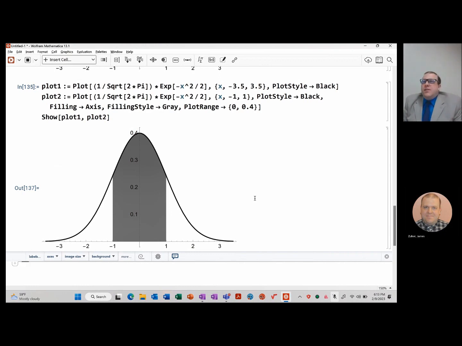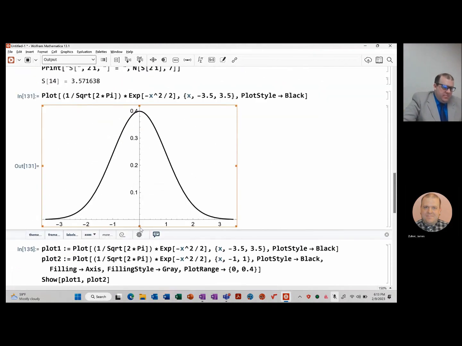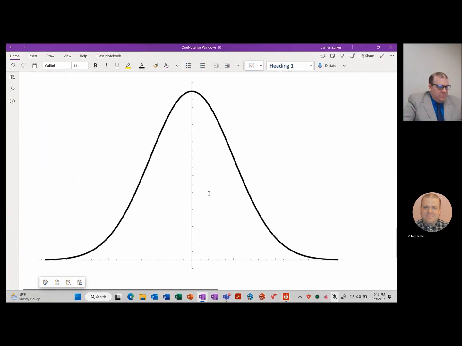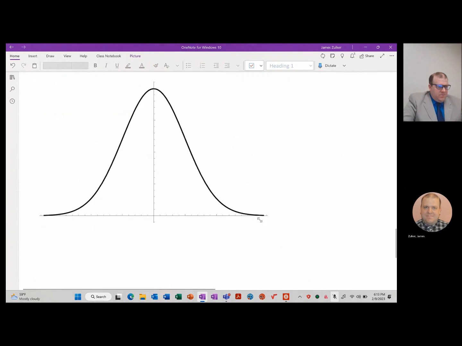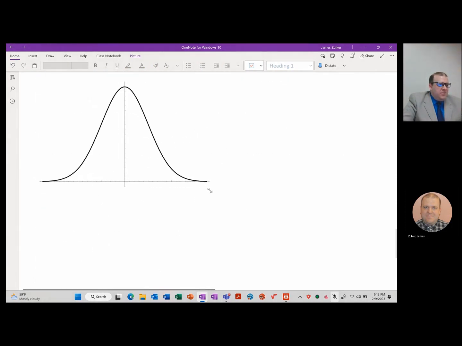So that's the area we're finding with this integral. I don't care if the ticks don't show up. That's fine.